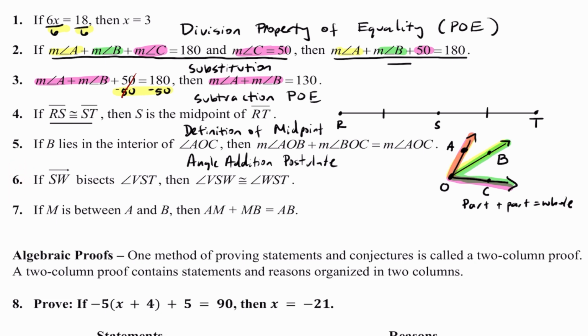Number 6. If ray SW bisects angle VST, then angle VSW is congruent to angle WST. So draw your hypothesis. We have angle VST, and we know that ray SW, which I need to draw a W over here, bisects this whole angle.